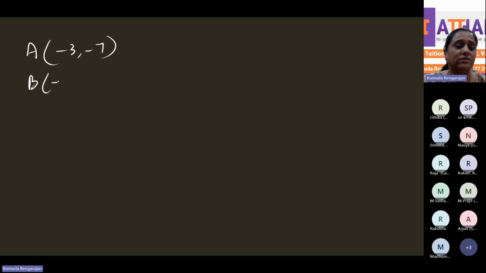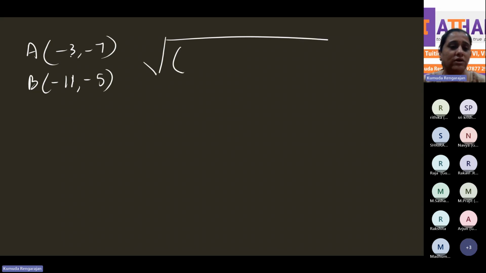All right. So supposing the points are like this, A is -3, -7, and B is minus 11 and say 5. So it will be the square root of, these are the x coordinates. Subtract them in any order.